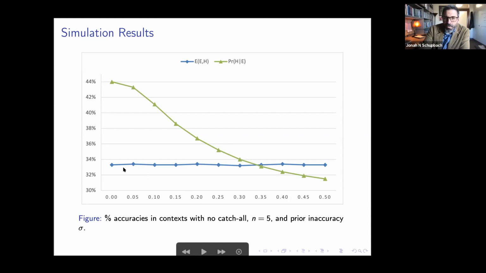And while likelihoodist reasoning stays constant, because the inaccuracy of our priors doesn't affect it, of course, the inaccuracy of our priors does affect the accuracy of our posterior probability. It continues to diminish monotonically until we get this crisscrossing effect, where at some point, if our priors are inaccurate enough, indeed, all of a sudden, E becomes the better explication for fruitfulness, for hitting the truth.